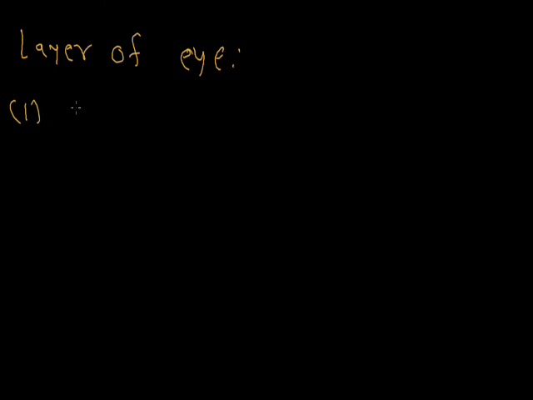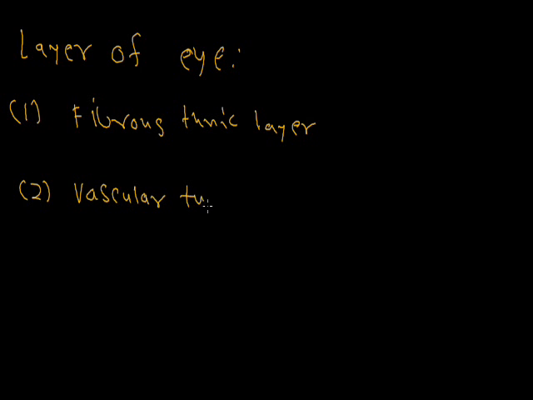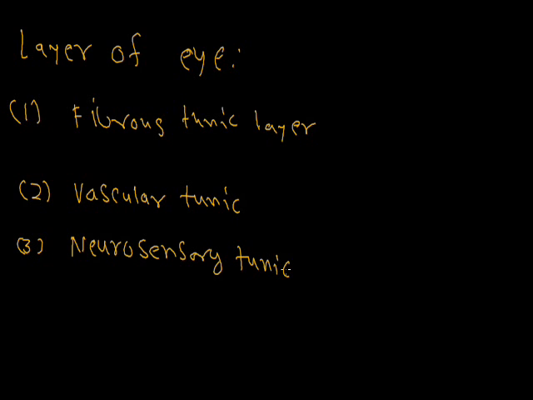One is the fibrous tunic layer, second is the vascular tunic, and third is the neurosensory tunic. So the eye consists of three layers.